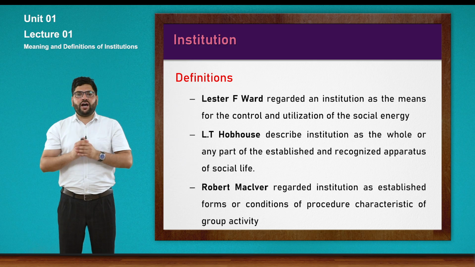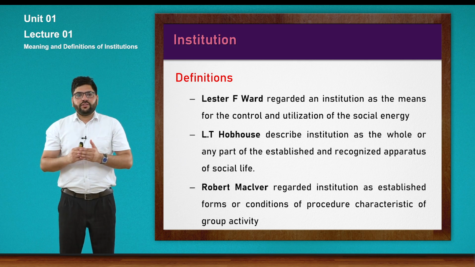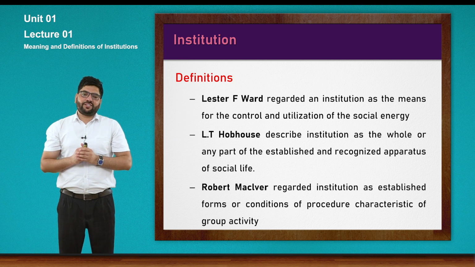So these are the definitions of institution as per different scholars. So till now we have understood the concept of institution as well as the definitions given by various scholars with regard to it.